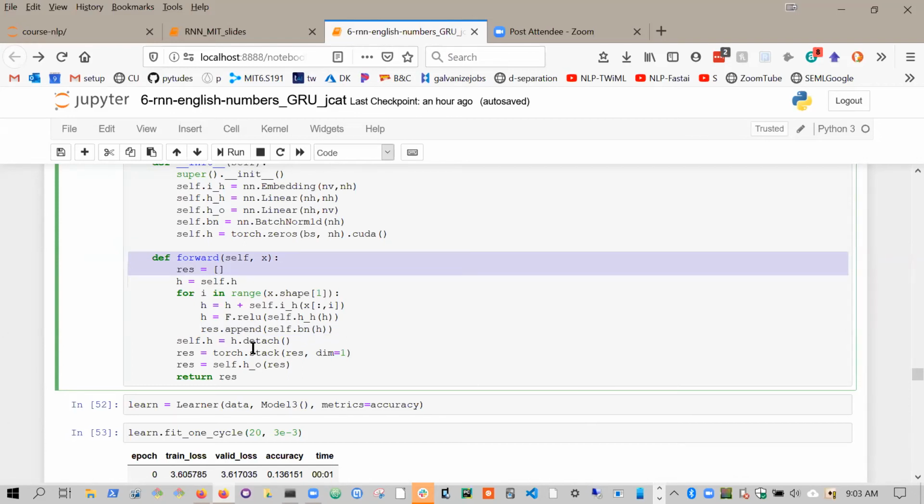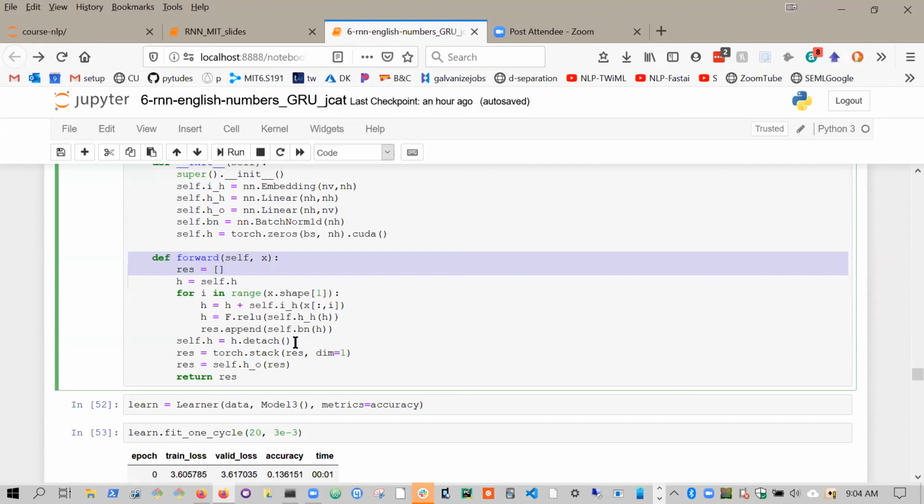If you just took h as is, the way PyTorch and any other framework works is it continues to differentiate not just with respect to whatever new computation, but with all of the computations that have occurred so far. So it would differentiate with respect to not just this set of tokens, but the previous line of tokens as well, which you don't want.